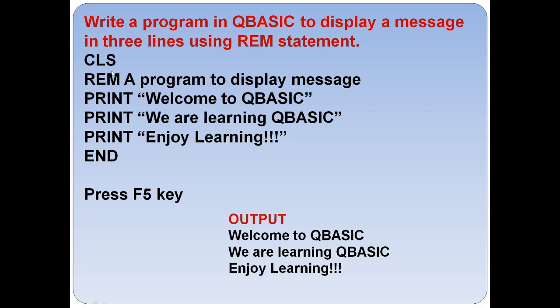CLS, in each and every program we write CLS first, then REM, a program to display message, then PRINT the message which you want: PRINT welcome to QBasic, PRINT we are learning QBasic, PRINT enjoy learning. We are using the REM statement followed by the PRINT statement. Then press the F5 key and the output will come like this.